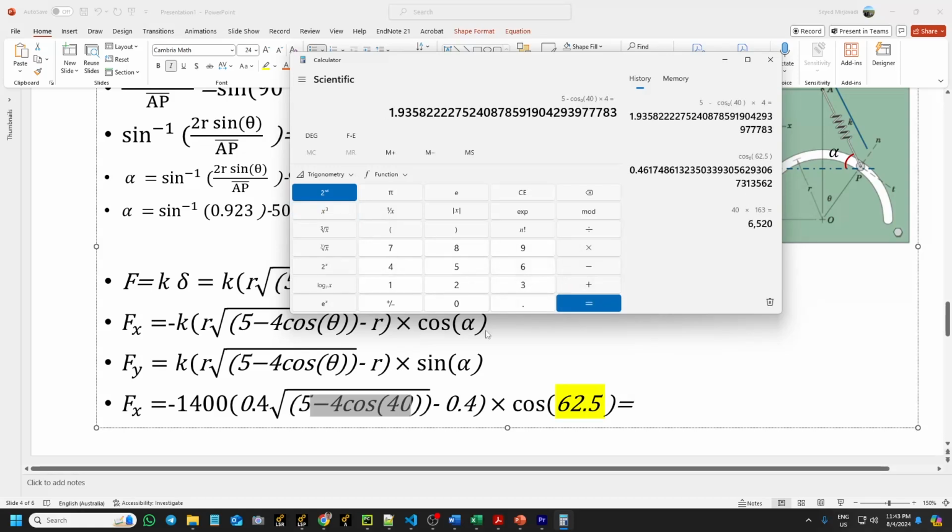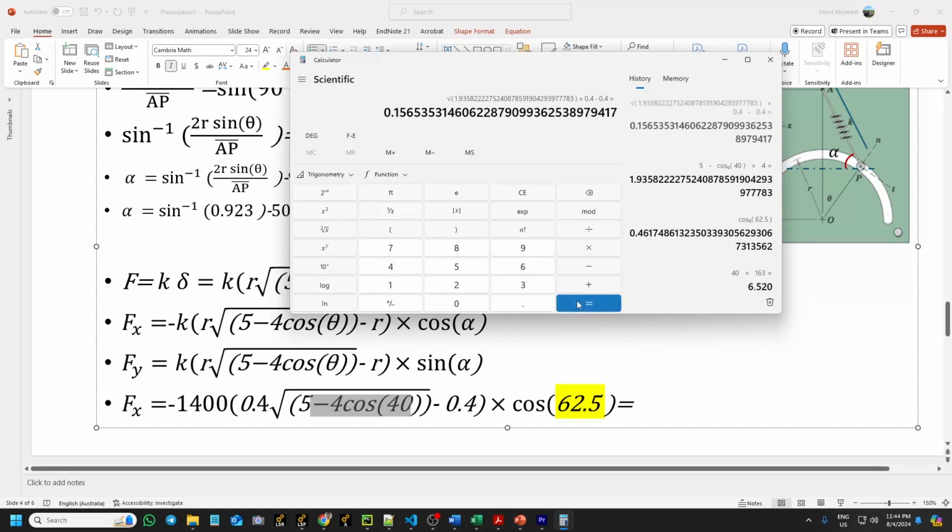Okay, and the square root of this, which is this, times 0.4, minus 0.4, times 1400.